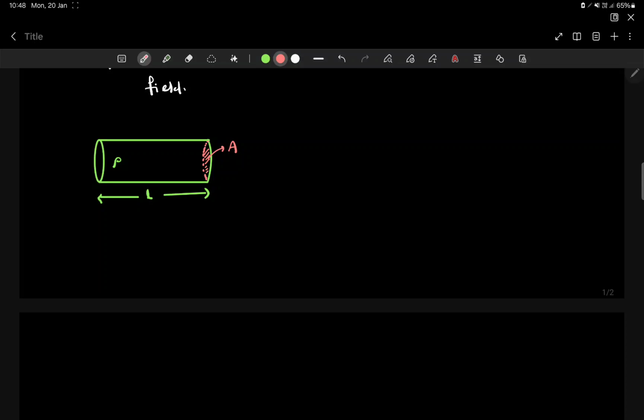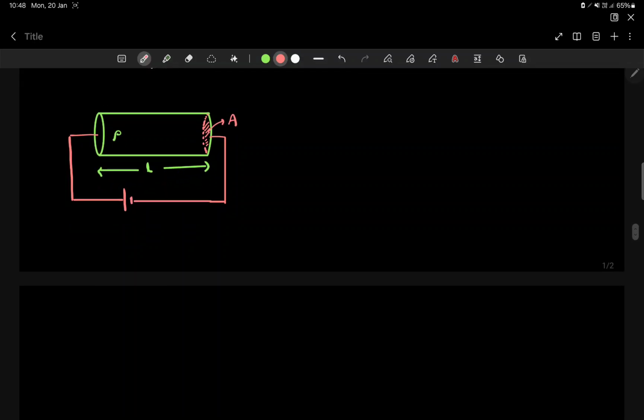When it is connected to a battery or cell, electrons start to move from lower potential to higher potential, as per the concept. So L is the length of the conductor, you have to write everything.